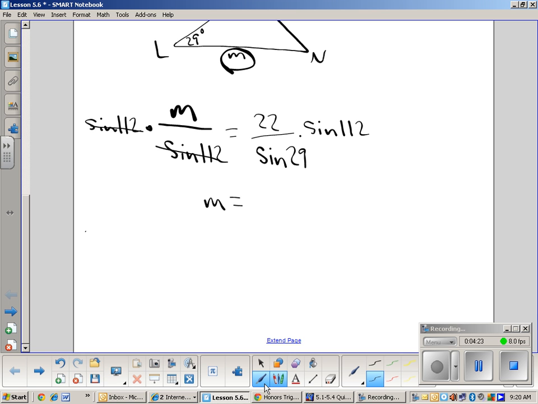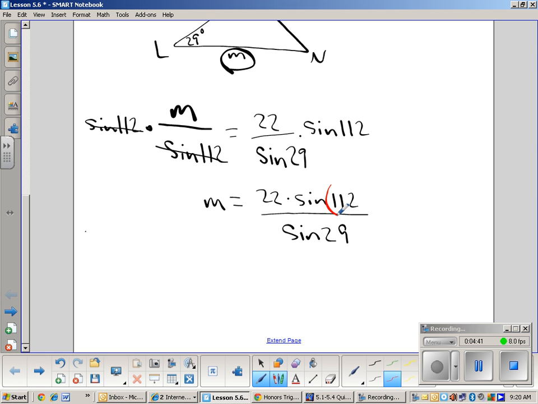Okay? So we're going to do all of this, 22 times sine 112, and then we're going to divide that answer by sine 29. Now, remember, almost every calculator puts that parenthesis there.